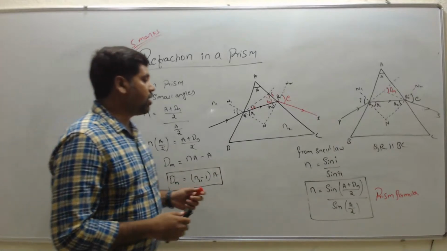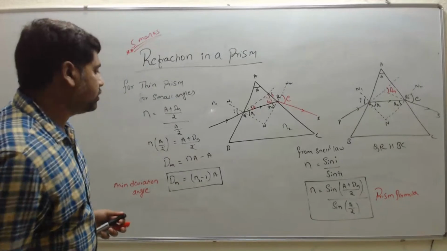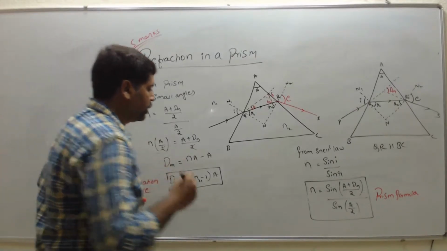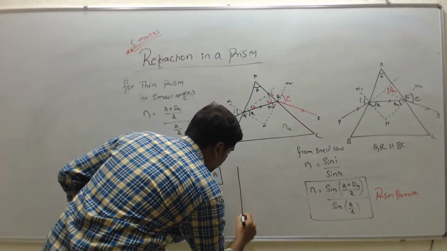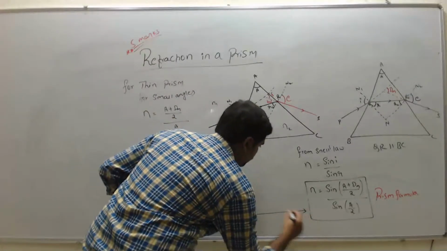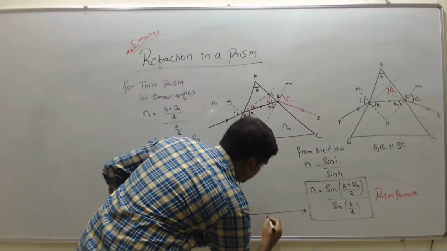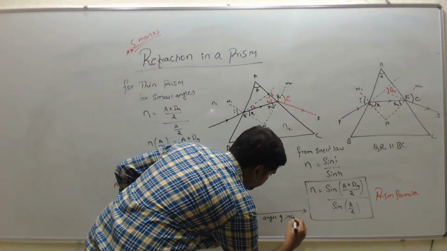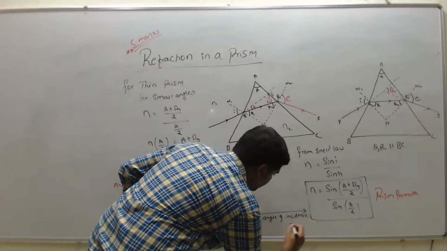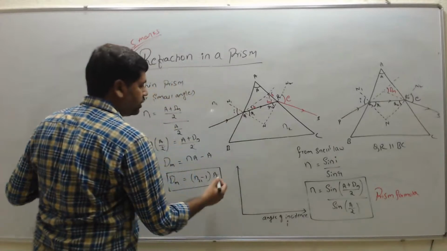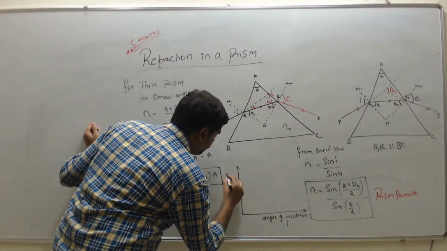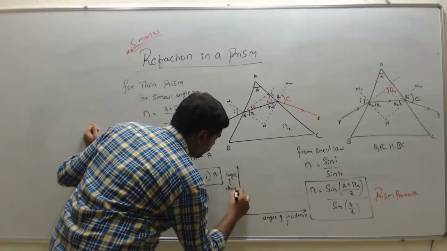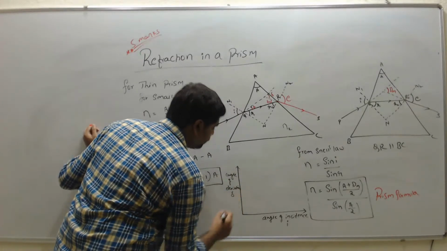If we plot the graph for minimum deviation, along the x-axis we take the angle of incidence I, and along the y-axis the angle of deviation delta.